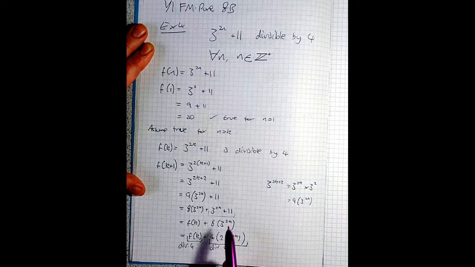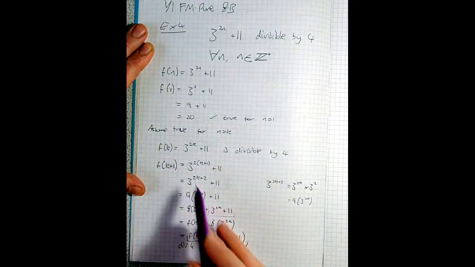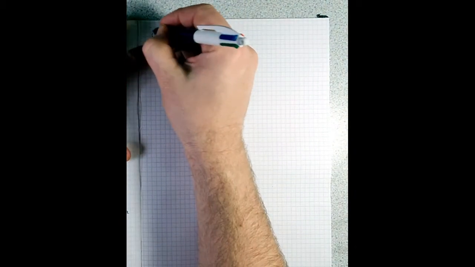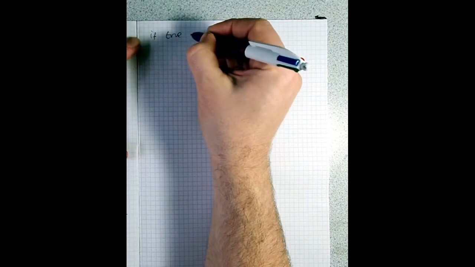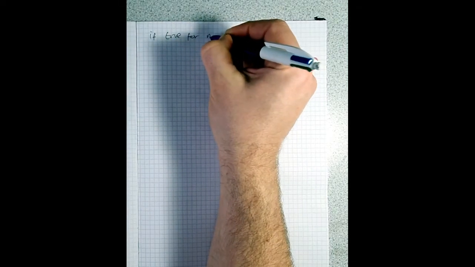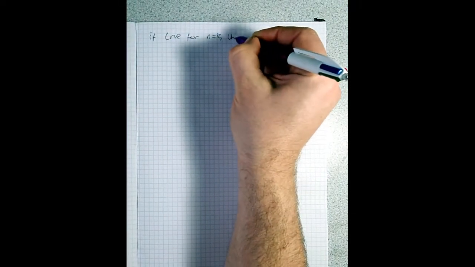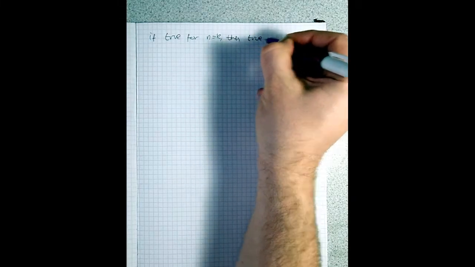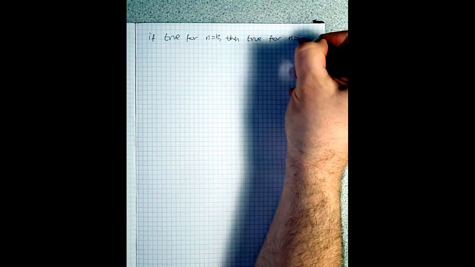So I've proved it. If it's true for f of k, then it is true for f of k plus 1. So let's write our conclusion. If true for n equals k, then true for n equals k plus 1.